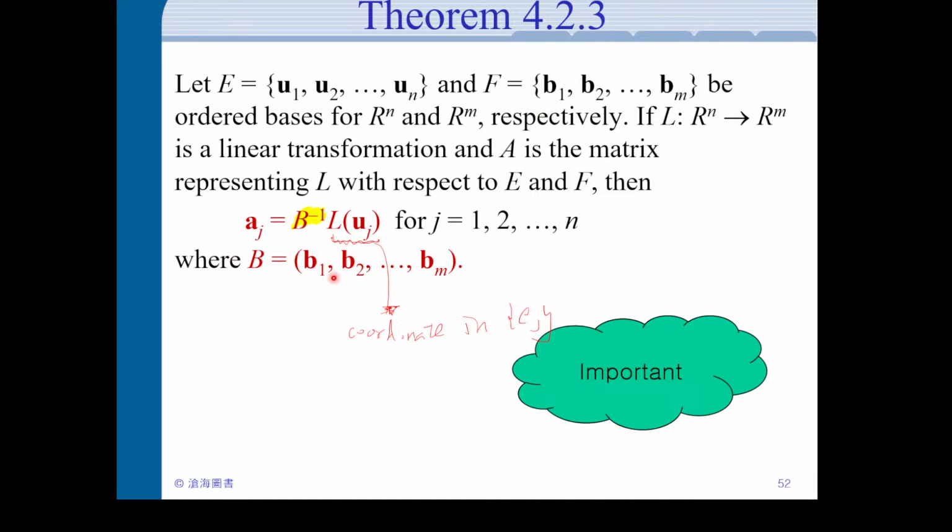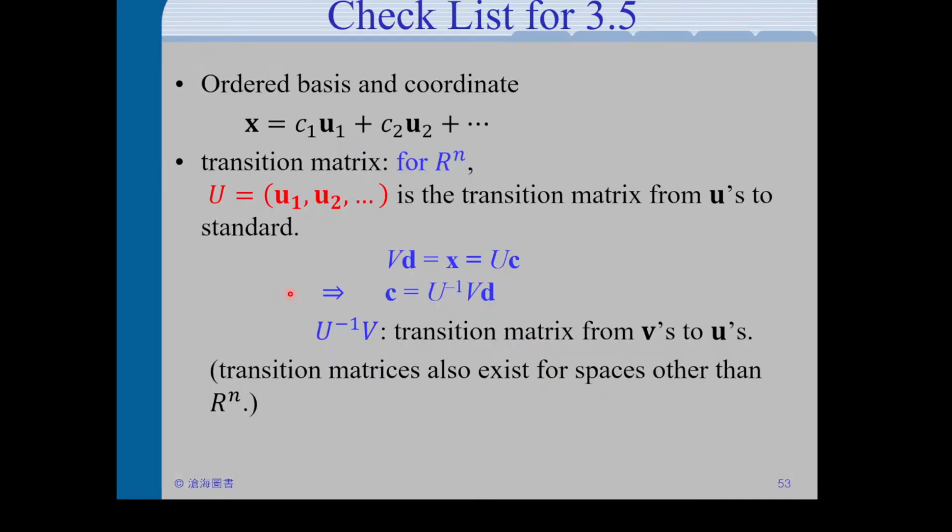Because we want to find the coordinate of this thing. And why is this B minus 1? We need to remember how we did this in chapter 3.5. We say that we have a vector x equal to some basis u times some coordinate c.